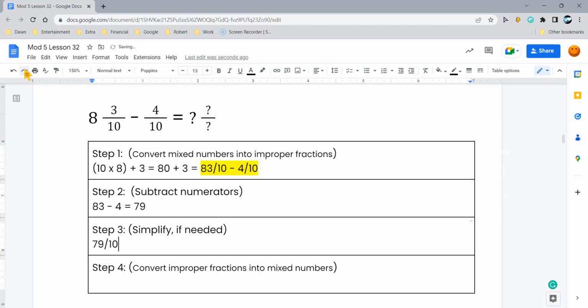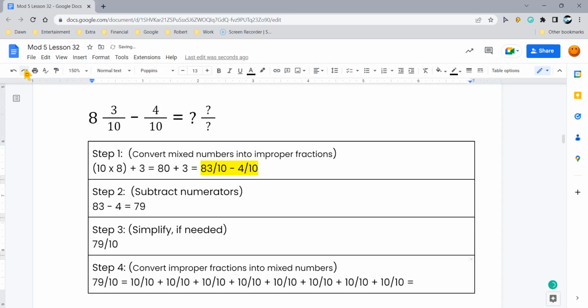So I put my 79 over 10, and I know 79 is not divisible by 10, only because there's no 0 at the end of 79. I'm going to convert my 79/10 into a mixed number. And I do that because I go 10 over 10 plus 10 over 10 plus 10 over 10. So pretty much 10, 20, 30, 40, 50, 60, 70.